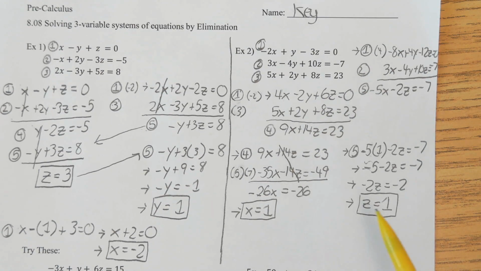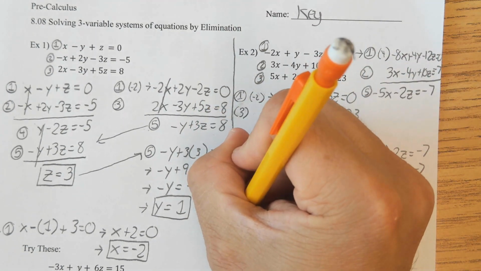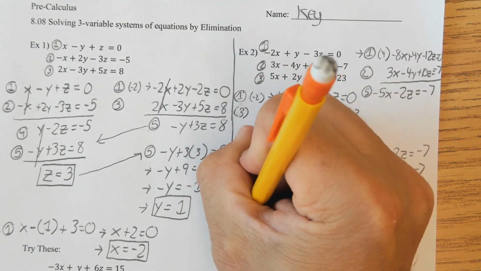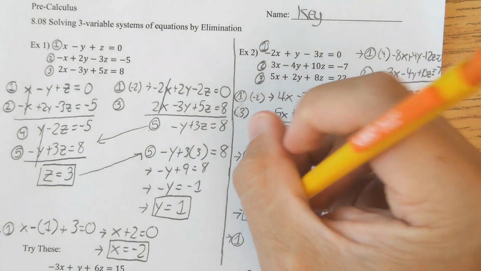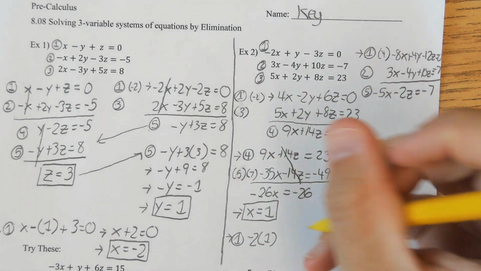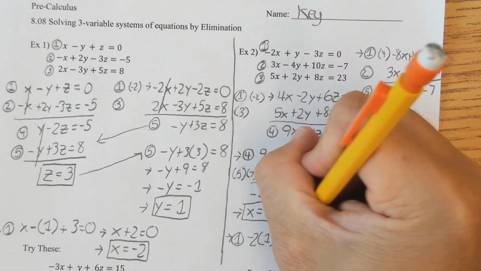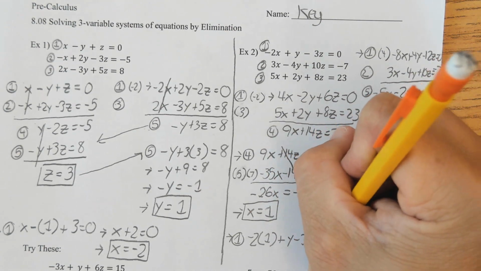So now that I've found x and z, I've got to go back to my original problem. I think I'm going to use equation 1 again. Just seems to be nice here. And so wherever I see an x, I'm plugging in a 1, and wherever I see a z, I'm plugging in a 1. So I'm going to get negative 2 times 1 plus y minus 3 times 1 equals 0.